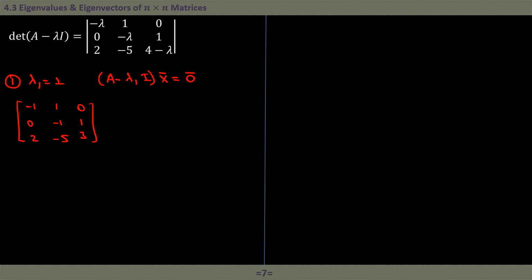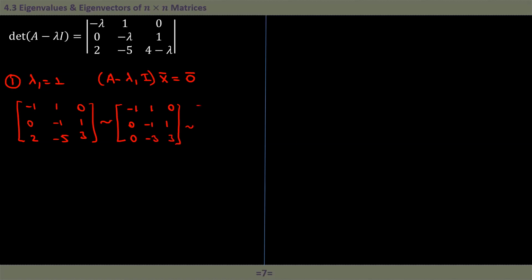Now, immediately, let's reduce this to echelon form: negative 1, 1, 0, 0, negative 1, 1. Let me multiply the first row by 2 and add it to the third row. Here we have negative 2 plus 2, that's equal to 0, and 2 plus negative 5 is negative 3, and here we have 3.